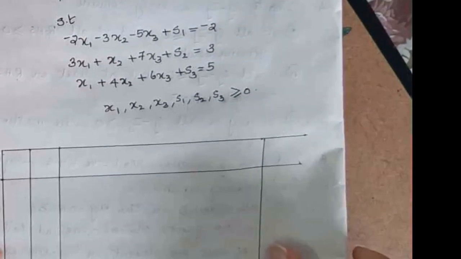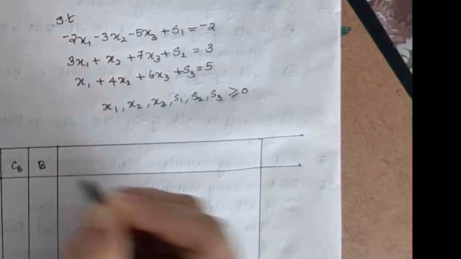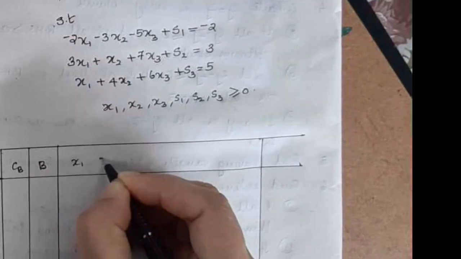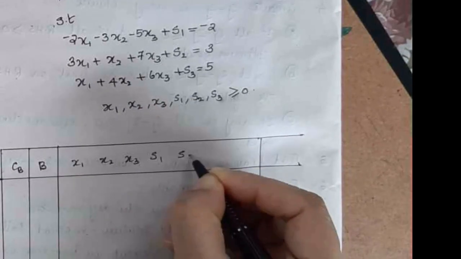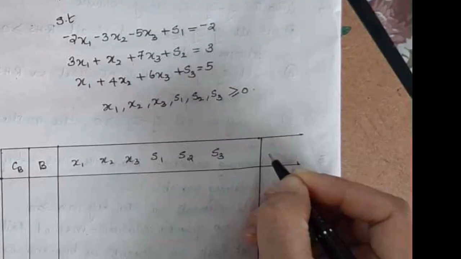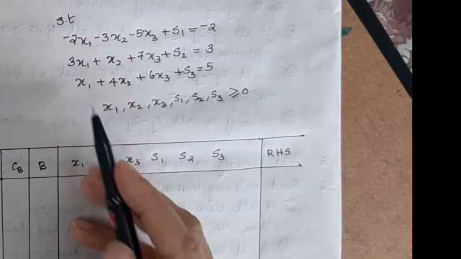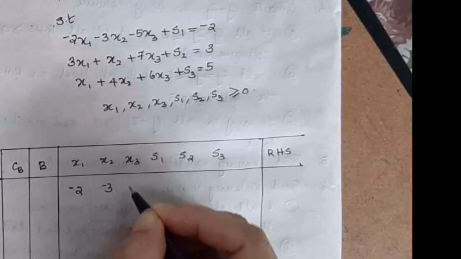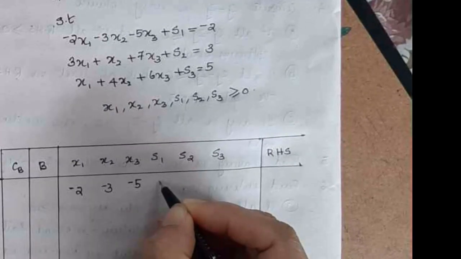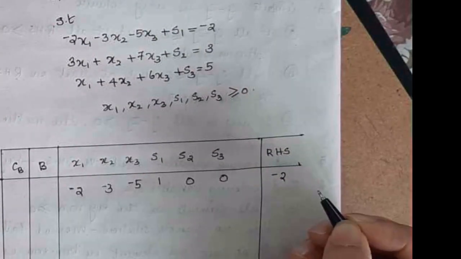Now we'll write bases, cost of the bases. Then we have x1, x2, x3, s1, s2, s3, and then RHS. We'll write down the first one. This is -2, -3, -5. You will have 1, 0, 0, and the RHS is -2.